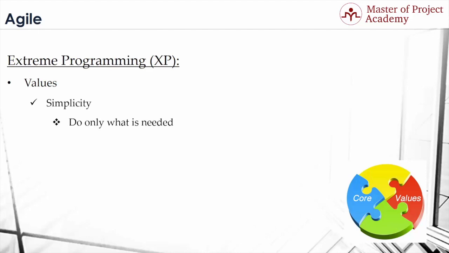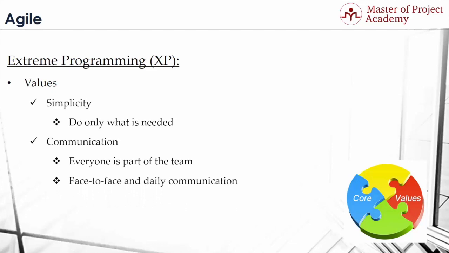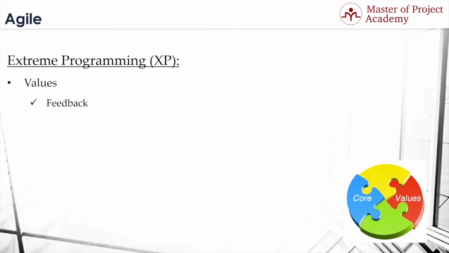The second value is communication. Communication emphasizes that everyone is part of the team, and we communicate face-to-face daily. We will work together on everything from requirements to code. We will create the best solution to our problem that we can together. The third value is feedback.